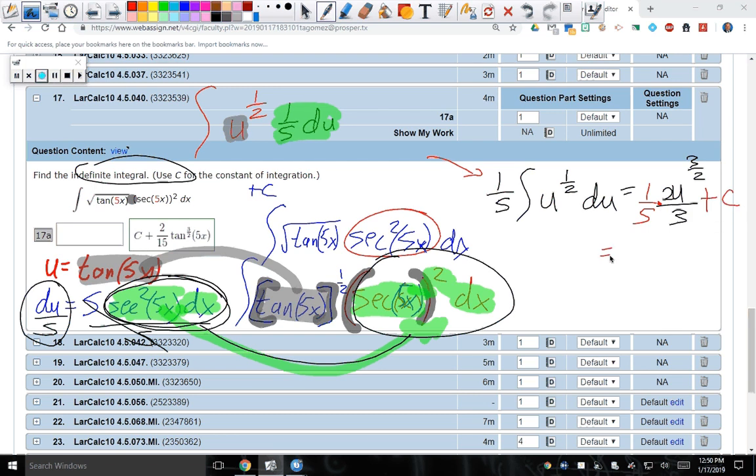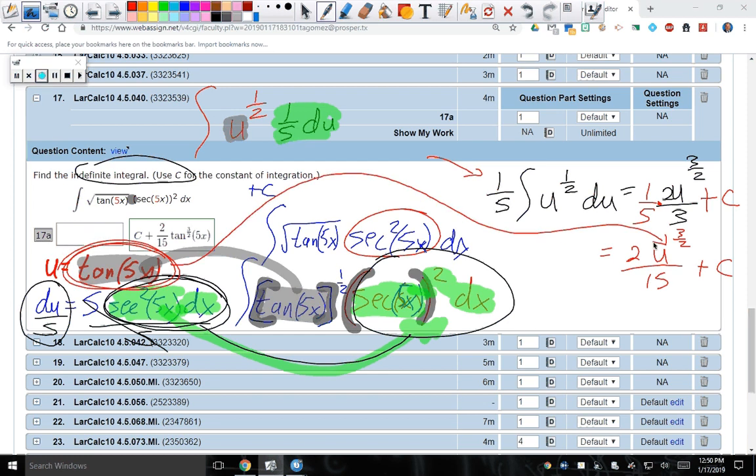Now, this can be written as 2u to the 3/2 over 15 plus c, but it's still incorrect. I have to plug in my original u assignment that I came up with back so that I have it in terms of x.